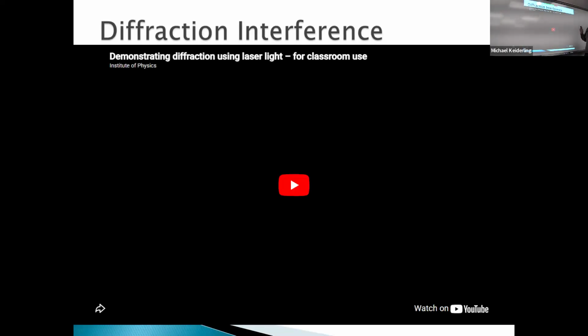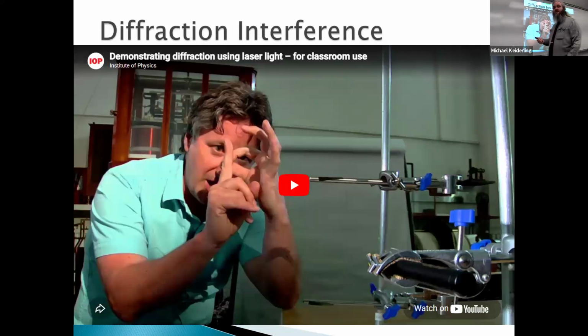And here is a demonstration of diffraction interference using both sides of an obstacle. So they're putting a thin wire in line with laser light, and it's causing an interference pattern.